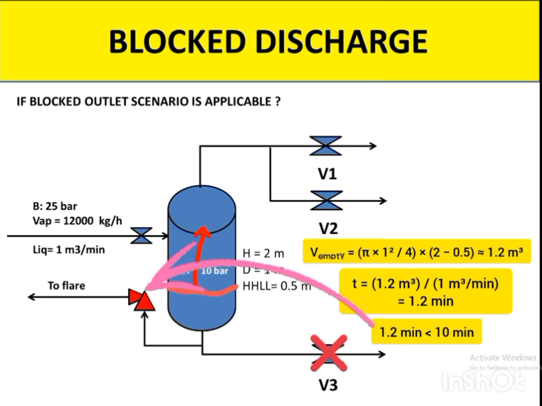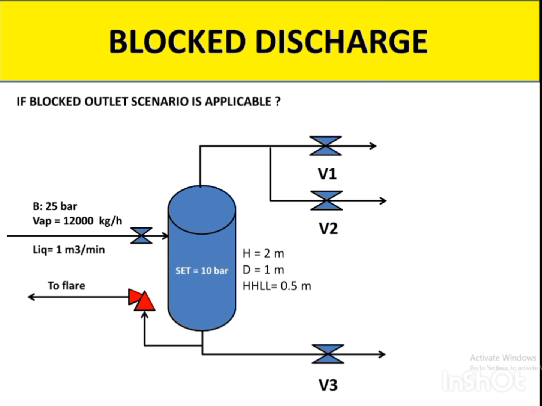So that's the liquid outlet block discharge scenario, and the relief load is how much liquid goes into the flare system, which is 1 cubic meter per minute in this case.